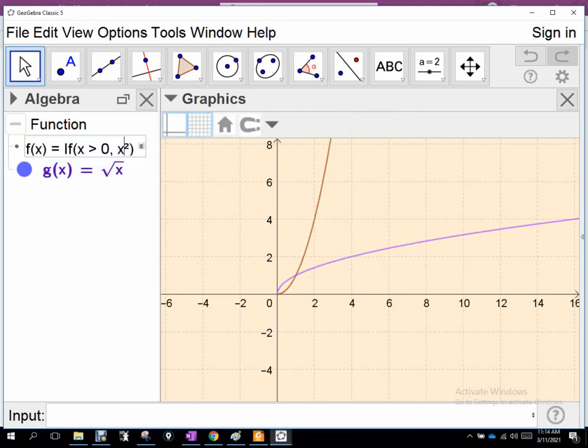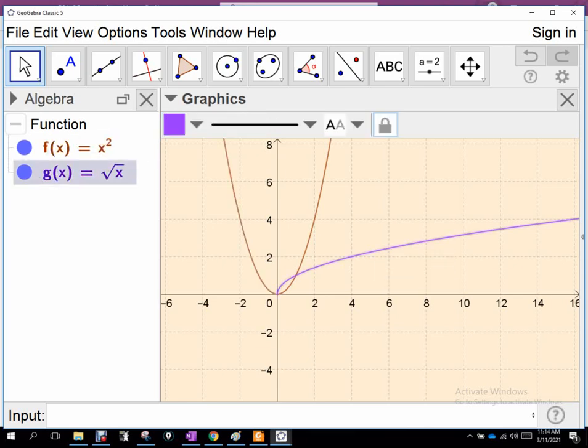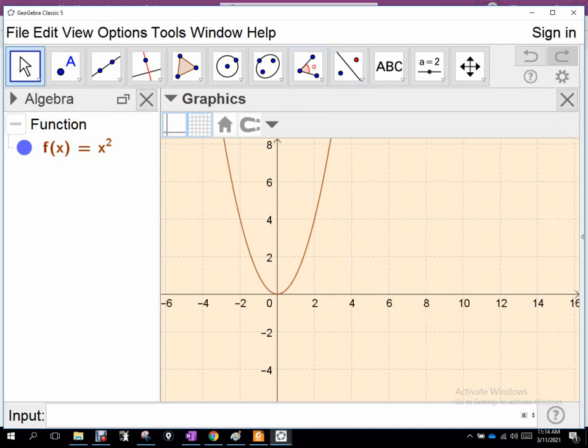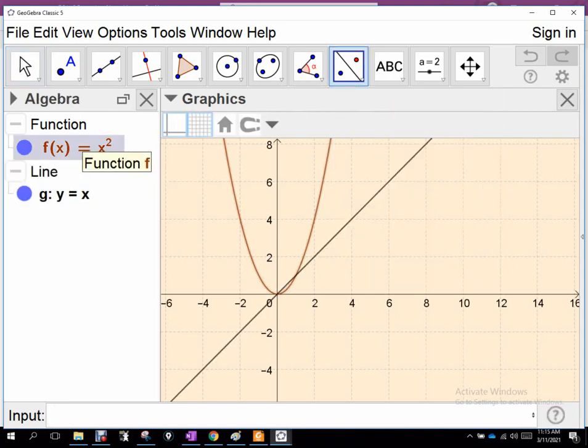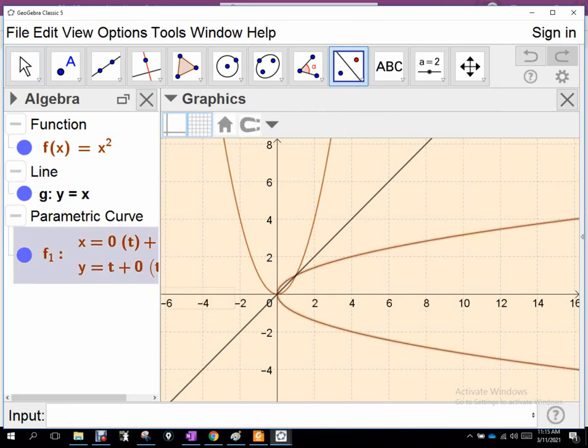Well, if I took x squared like that and asked for its inverse, which would be the reflection across the line y equals x, it would be that curve right there, correct?